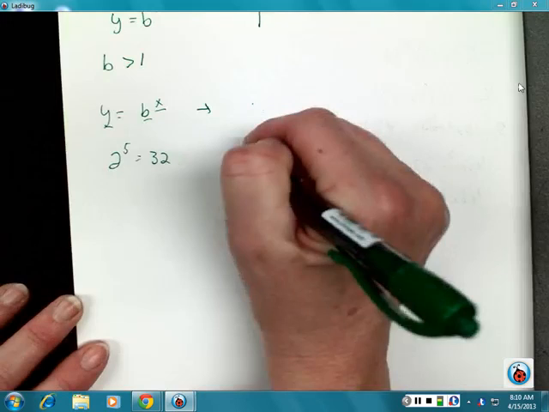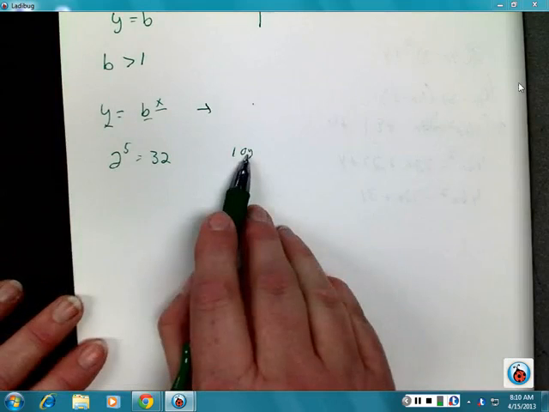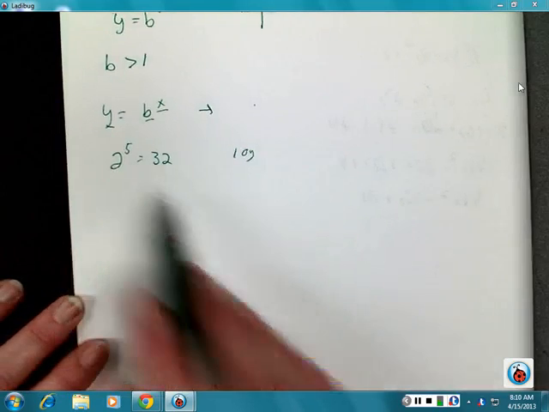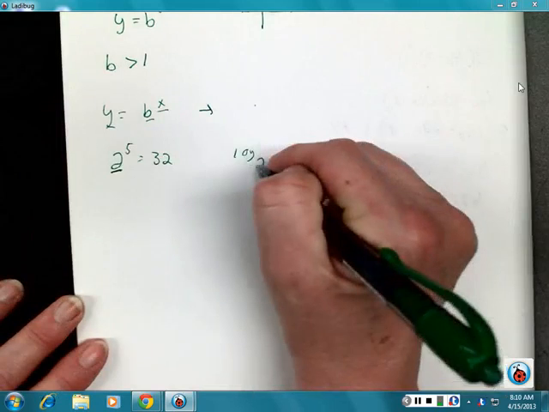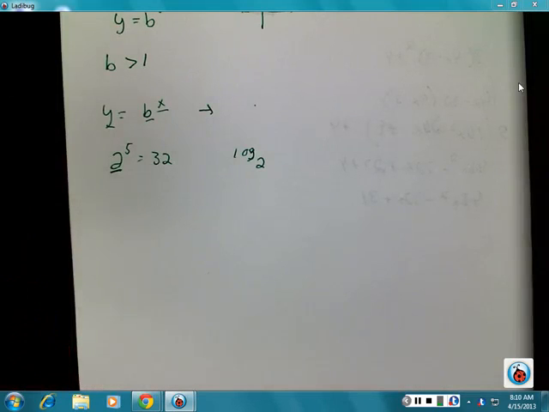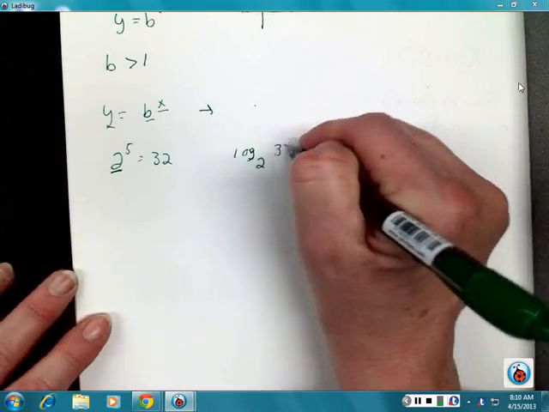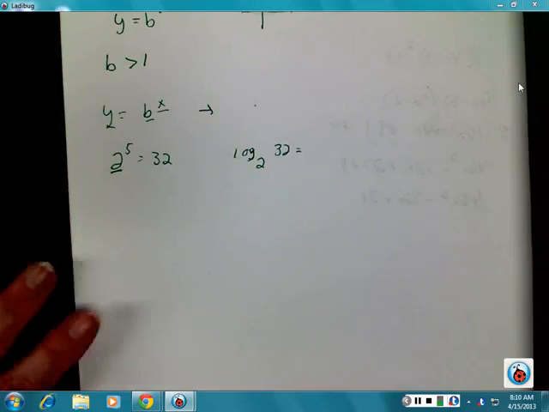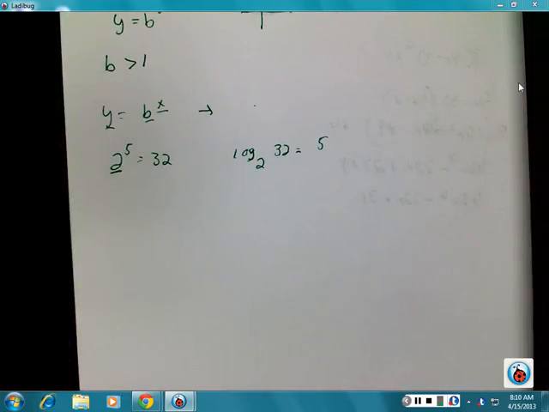So in our log, if we do a reverse of this, we're going to have a log. We are going to take what our base happens to be and put it down here as the little subscript that goes with our log. And then we're going to take what it's equal to and put that next to it. And this whole thing, if we calculated it out, would come out to be equal to 5.